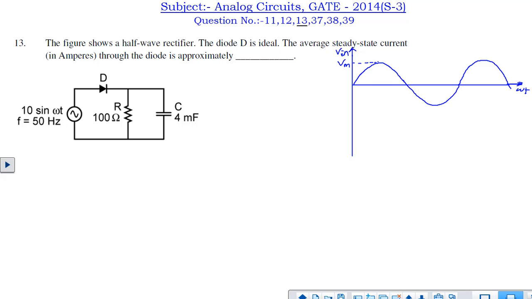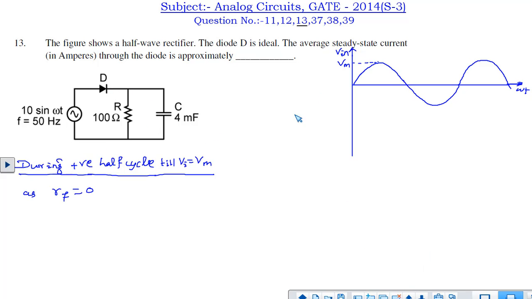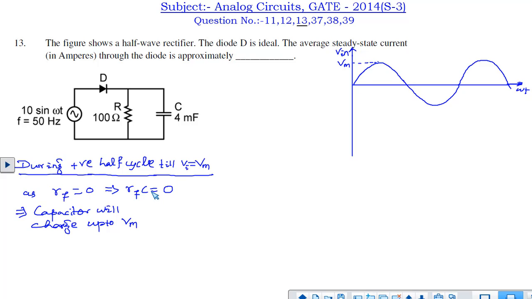As the diode is ideal, we will analyze the circuit during the positive half cycle. Its forward resistance RF will be 0, so the charging time RF into C will be very close to 0.